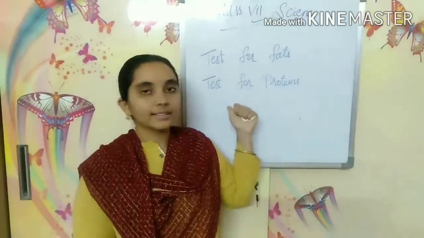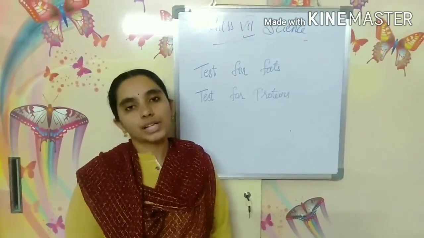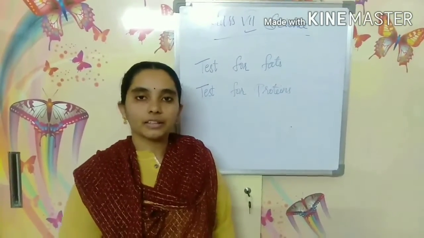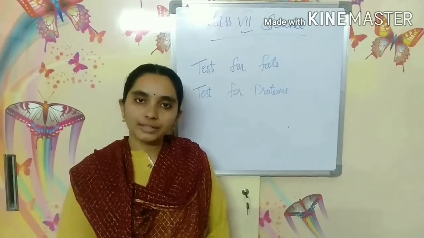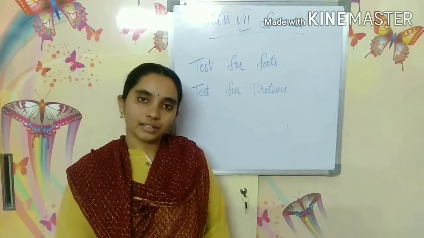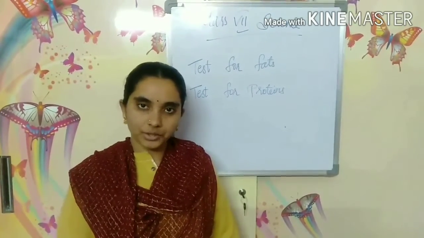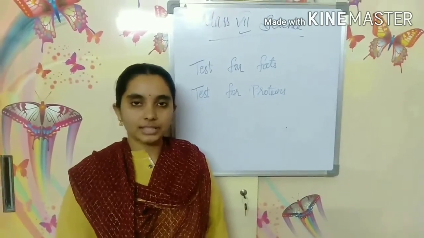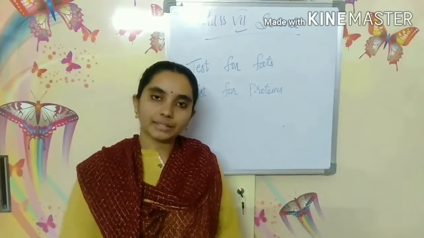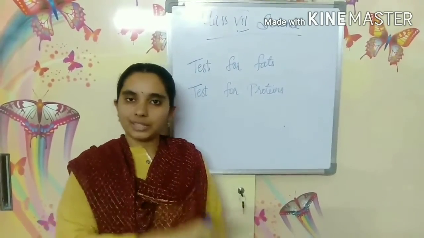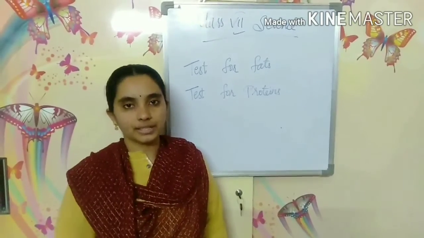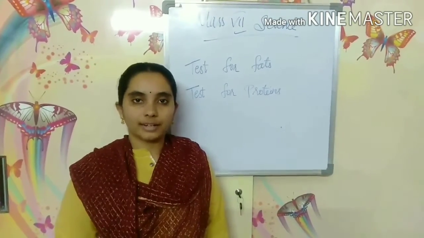So next is the test for proteins. To test the proteins present in the food, we need some chemicals, like we prepared iodine solution to test the presence of starch. In the same way we need to prepare some chemicals, and then using those chemicals we have to test the proteins that are present.